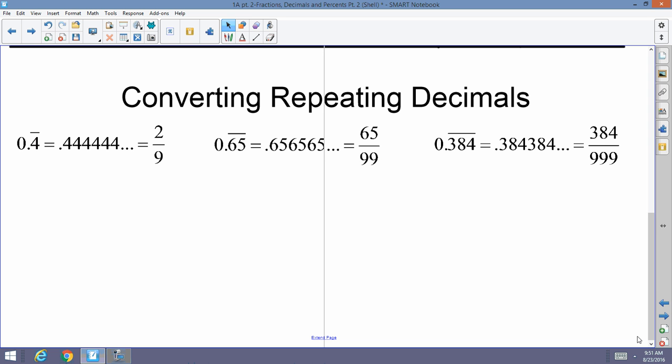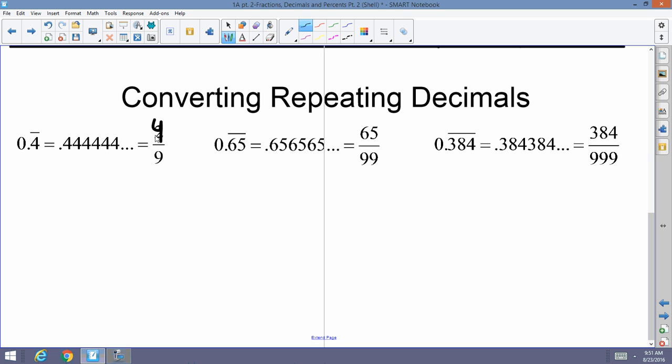Let's look at the 3 that I gave you here. I say 0.4 repeating, that's 0.44444, which reduces to, I'm sorry, this is actually 4/9. That was my bad. That's 4/9. So 0.44444 turns into 4/9. How do you convert a repeating decimal, Mr. Moore?